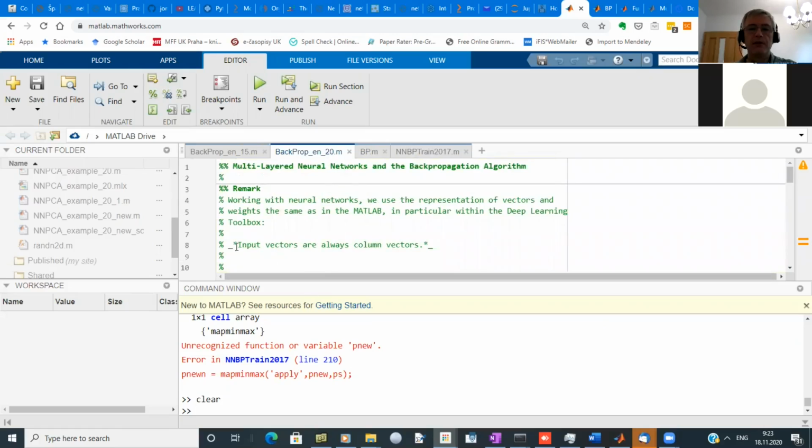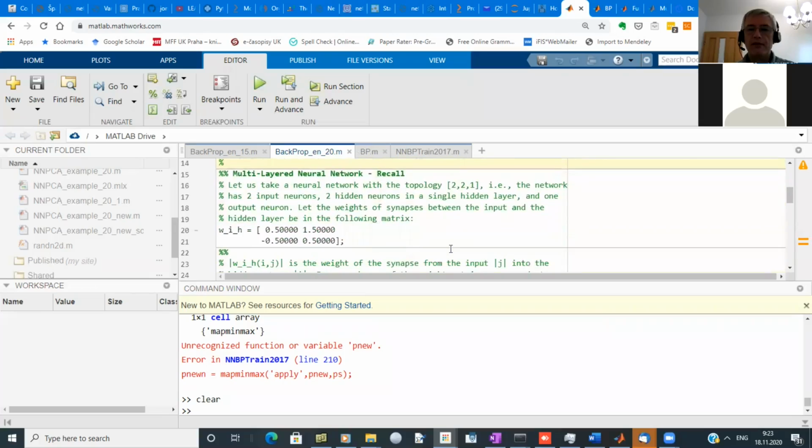And actually for all networks trained in the deep neural toolbox in Matlab, we will use the convention that all input vectors are always column vectors, similarly as we have it for the perceptron.